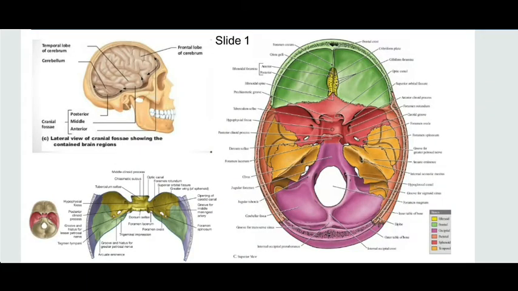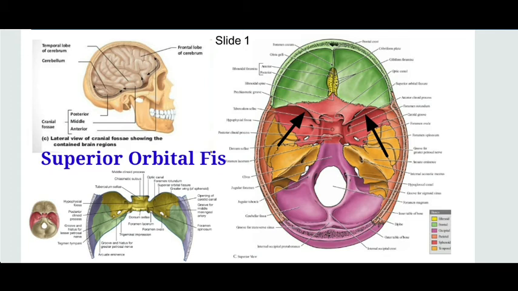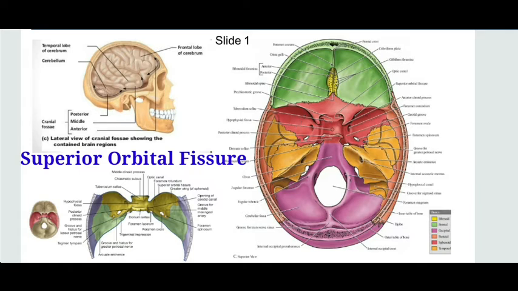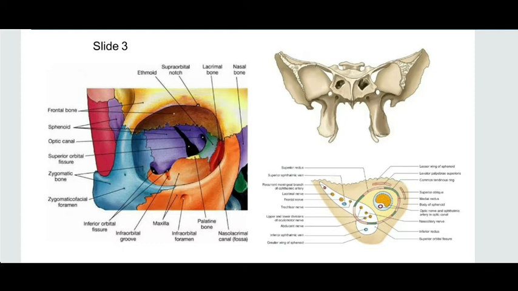The lateral area of middle cranial fossa is connected to the orbit via superior orbital fissure. So the superior orbital fissure opens anteriorly into the orbit.